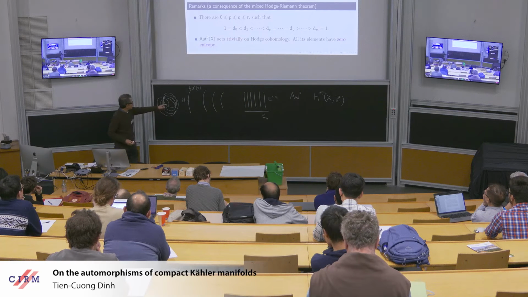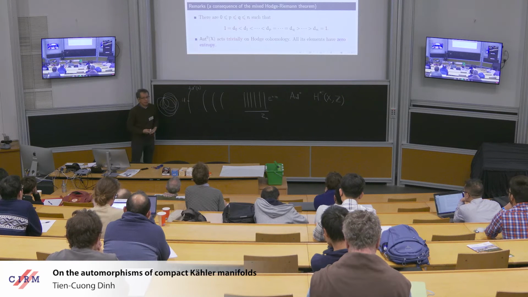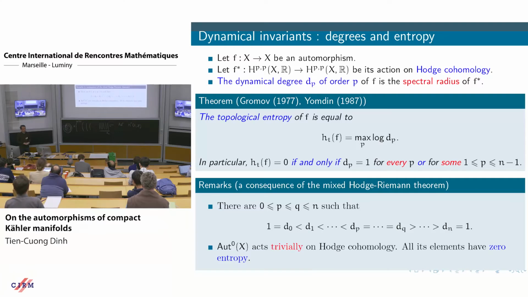Because the action of identity is trivial, then for every element in this family, the action is trivial. So the spectral radius should be equal to 1, and log 1 is 0. Okay? So this is clear.